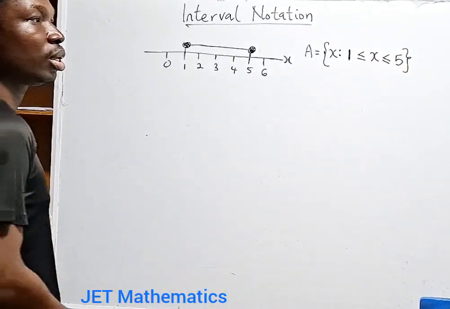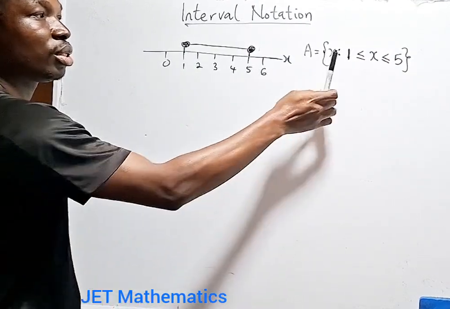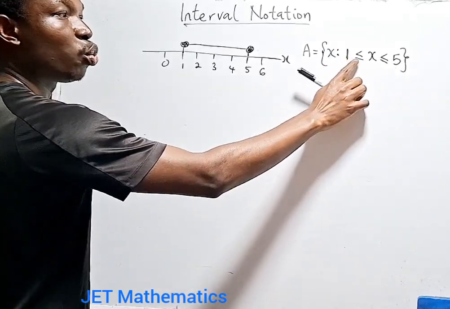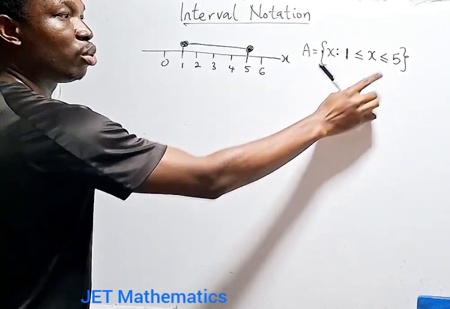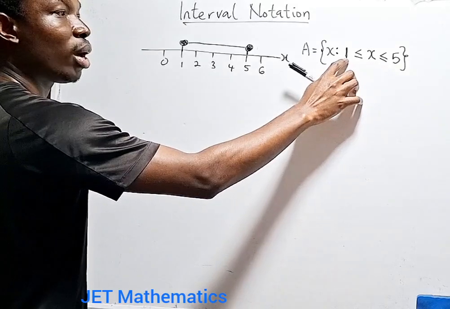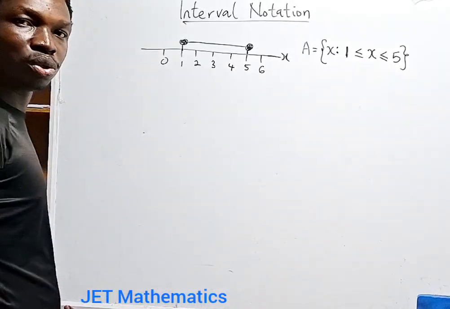So this means x is ranging from 1 to 5 with 1 and 5 inclusive. This less than or equal to makes 1 and 5 inclusive.